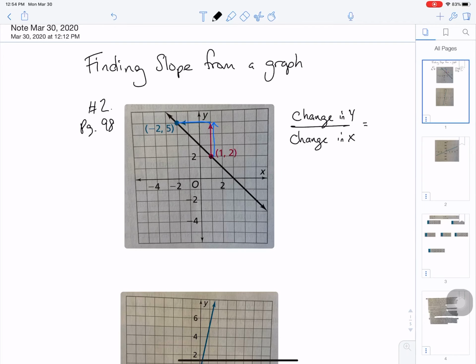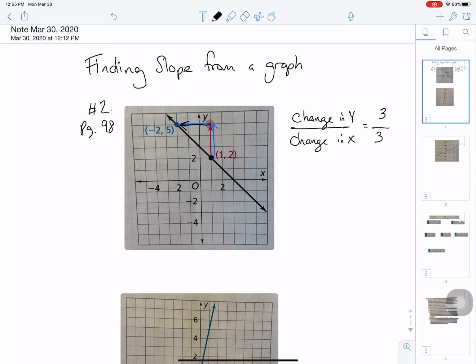So if we look at this point here, I'm going to highlight that, this point here and this point up here, we can see that it goes up 3. If we look at the change in x, this one right here, we can see that it goes over 3.